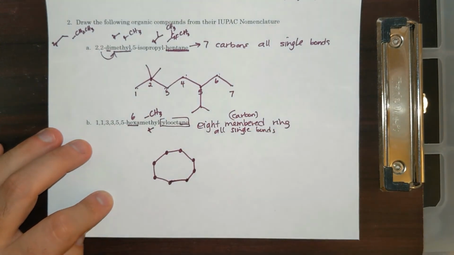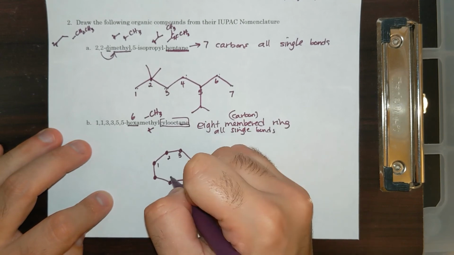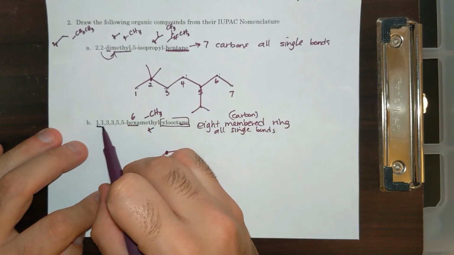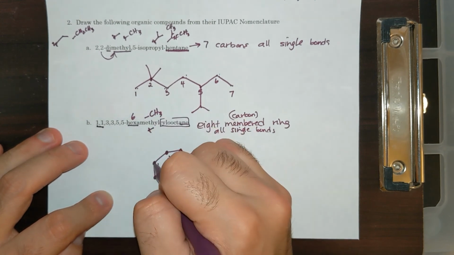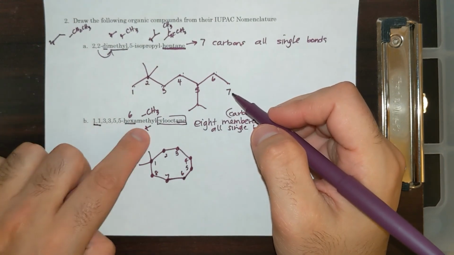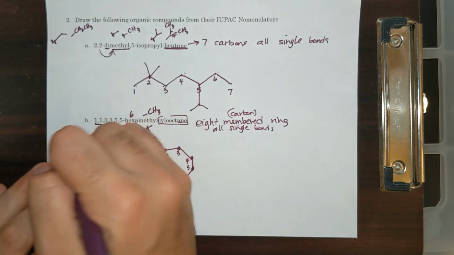And then I get to number it. 1, 2, 3, 4, 5, 6, 7, 8. Doesn't matter. 1, 1 means I have methyl groups, 2 of them, on the first carbon. And this says hexamethyl, so I'm going to have a total of 6 methyl groups.